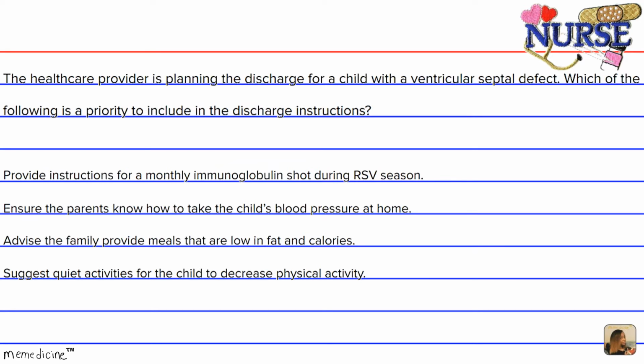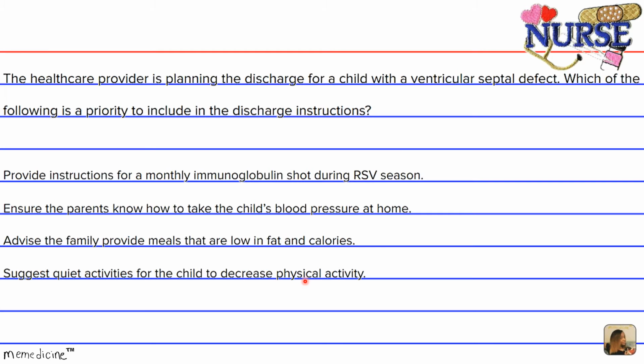All right. Okay, so let's dissect some of these priority options. In general, children with VSD don't need to restrict their physical activity. Therefore, answer choice D is out.